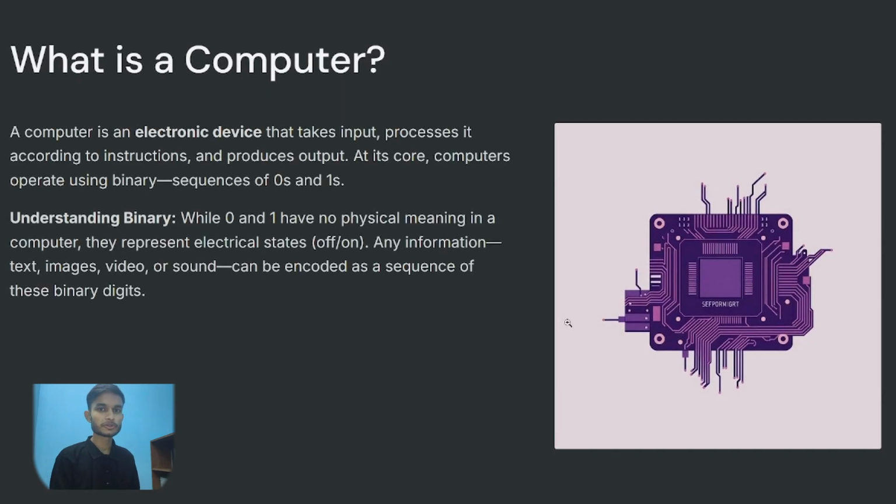Okay, first of all, we should understand what a computer actually means. From our early grade classes, we have understood that a computer is the thing which takes input, processes it, and gives meaningful output to the user.